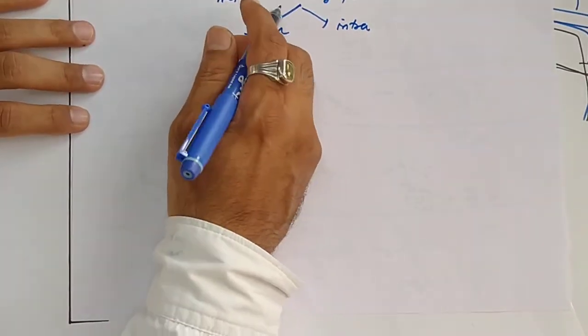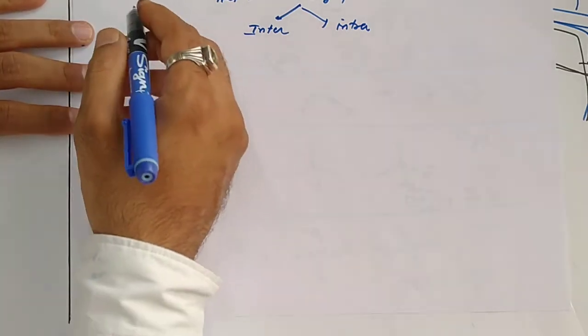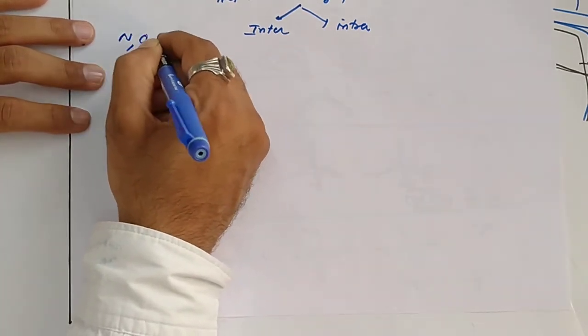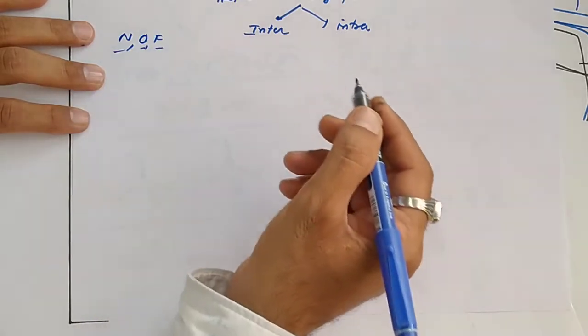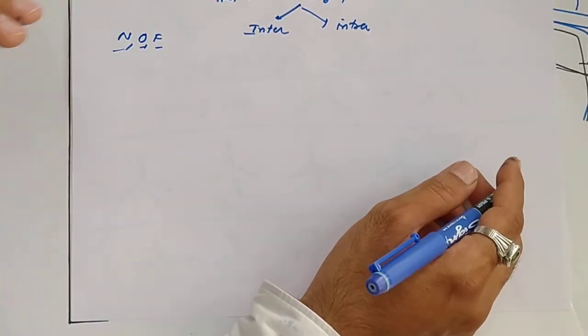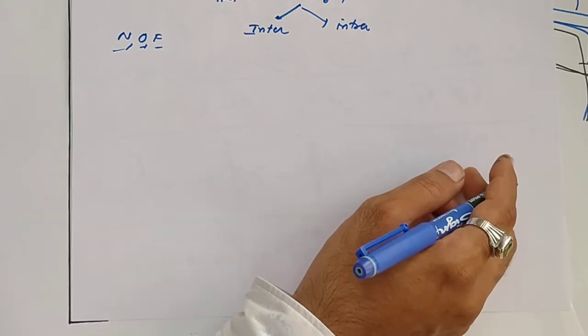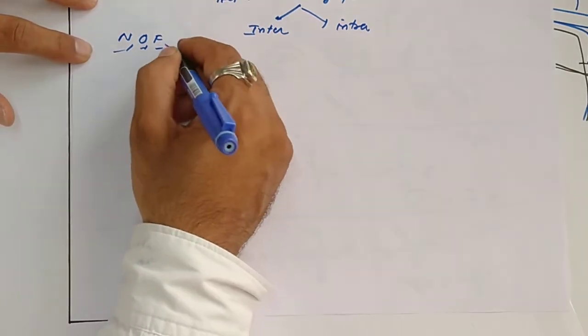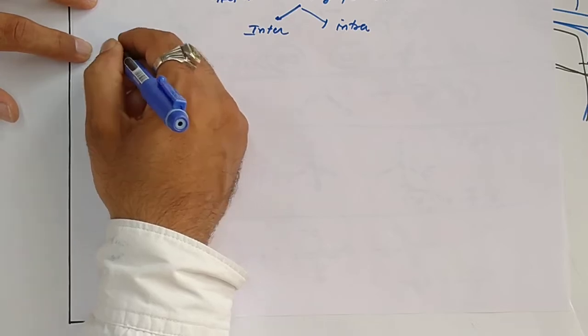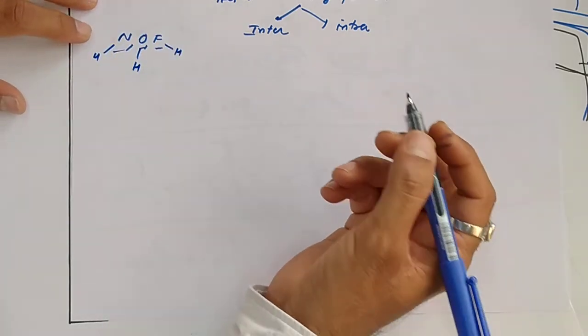Actually, which types of atoms possess hydrogen bonds? Nitrogen, oxygen, fluorine. All three elements have the highest electronegativity, so they possess it. But listen, it should be combined with hydrogen.